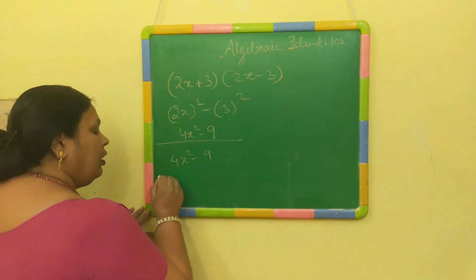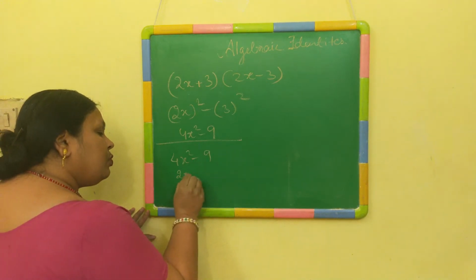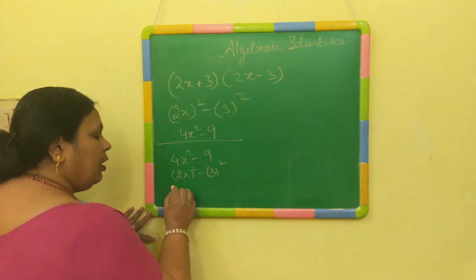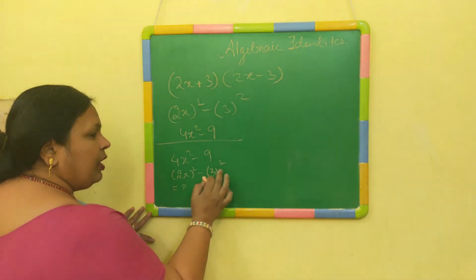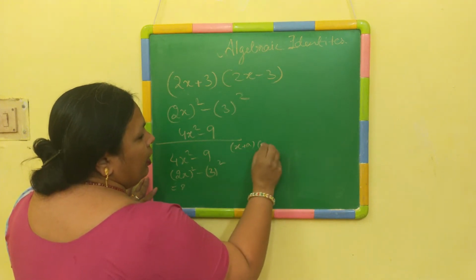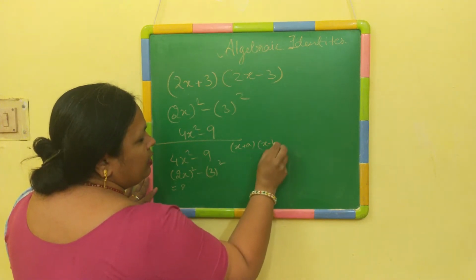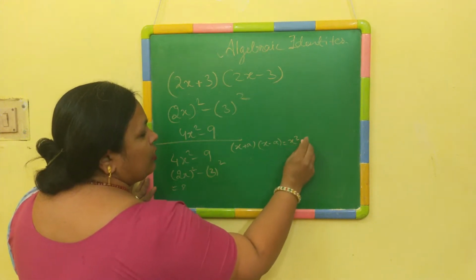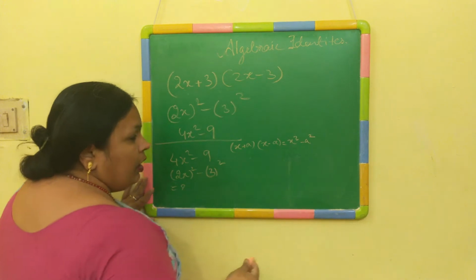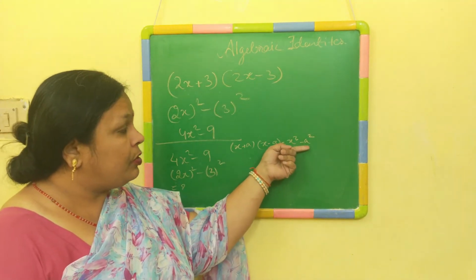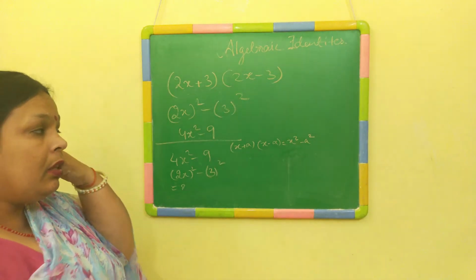The second one, there we will be writing it as (2x) square minus 3 square, which is a square minus b square. So if (x plus a) into (x minus a) is equal to x square minus a square, and if this is given, we will lead to this, and if this condition is given, we are going to express it in this way.